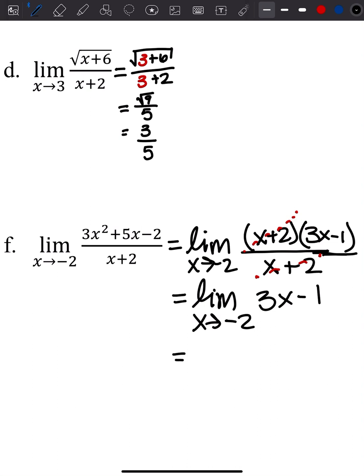So if I were to plug in negative 2 for x, I get something that looks like this. 3 times negative 2 is negative 6, minus 1 is negative 7. So we are getting something that kind of looks a little bit less complicated when we factor, and that's kind of the goal here.